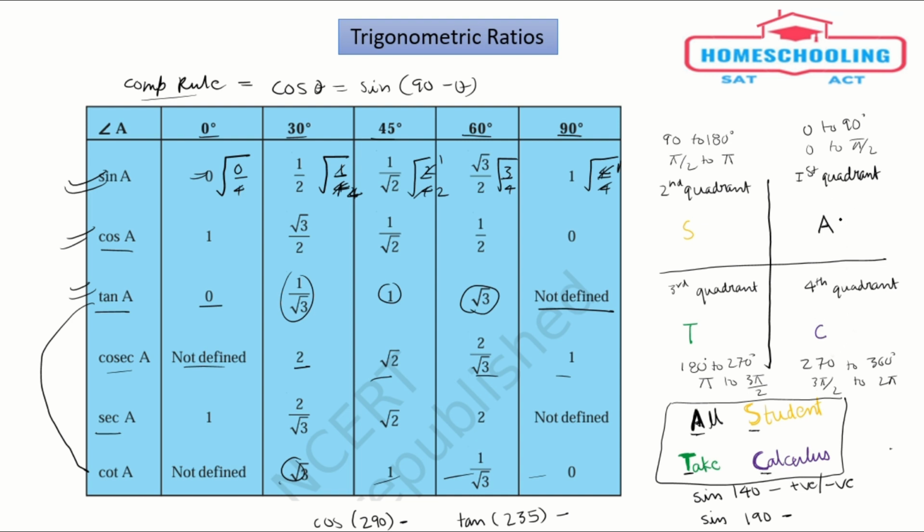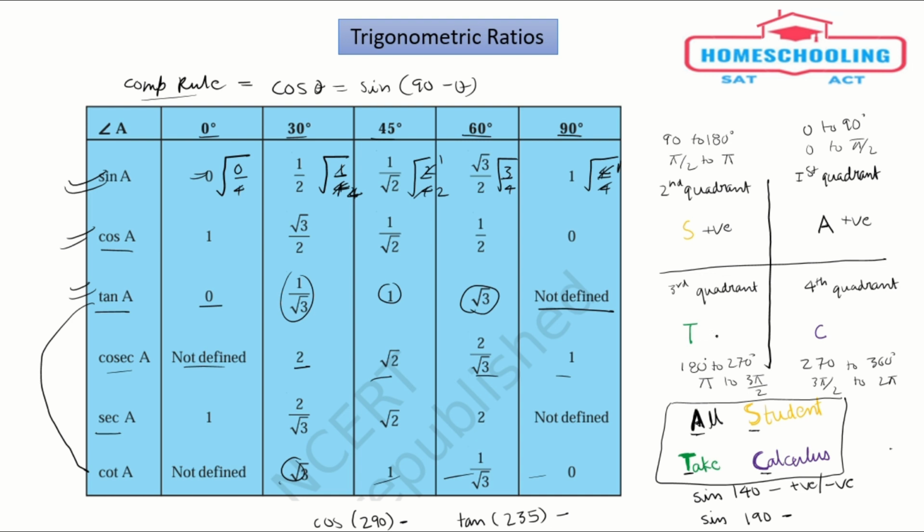So this means all trigonometric ratios are positive in the first quadrant. In the second quadrant, S is there, so only sine is positive, and the rest of the trigonometric ratios are negative in the second quadrant.